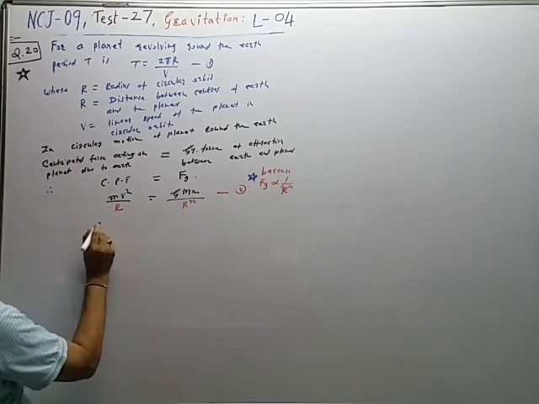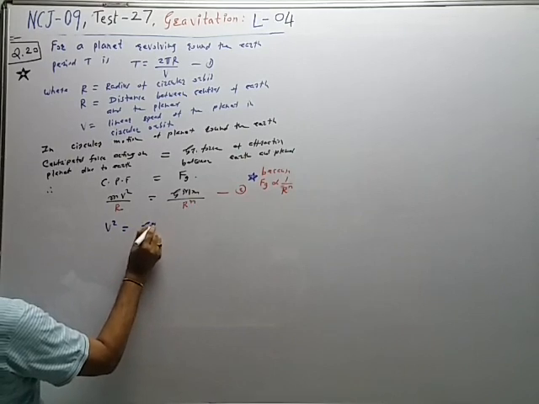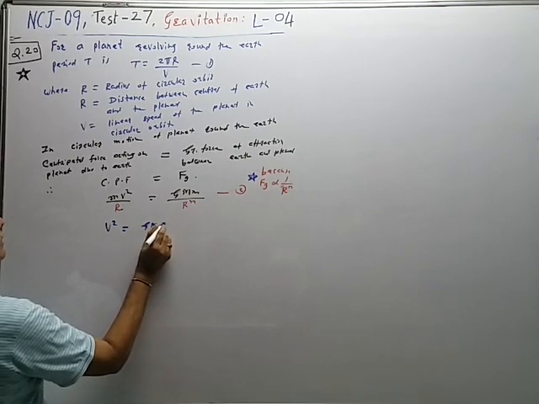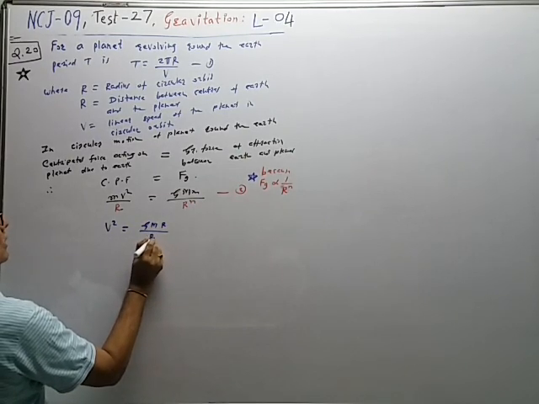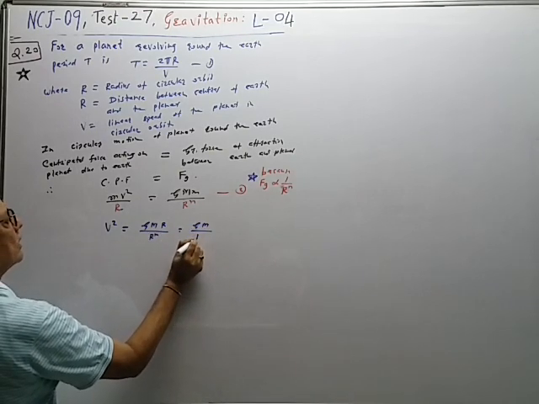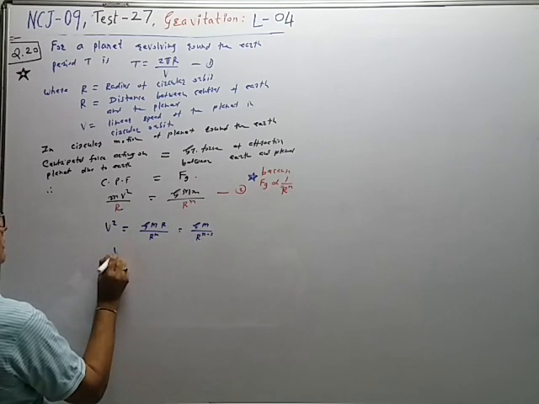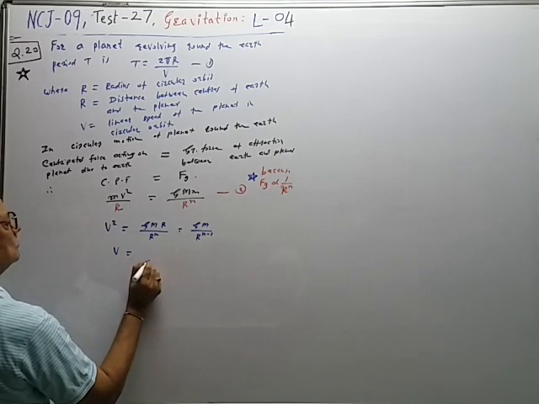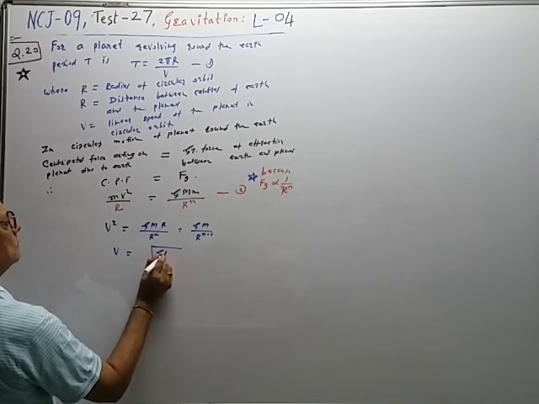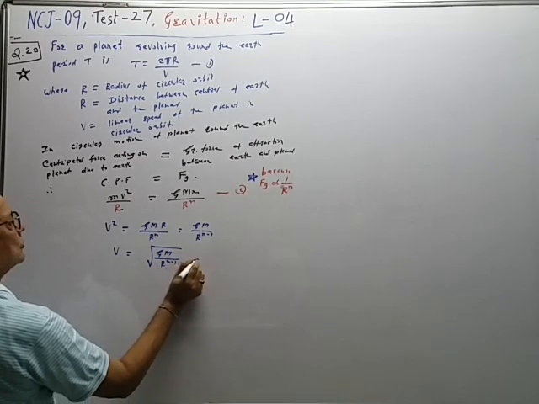So m will get cancel. So v square is equal to GM upon r raised to n, so GM upon r raised to n minus 1. Therefore v is equal to under root GM upon r raised to n minus 1.